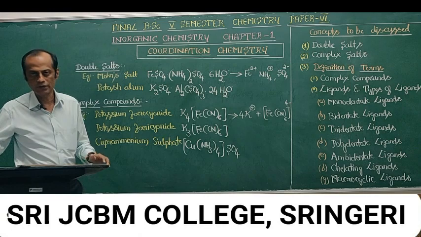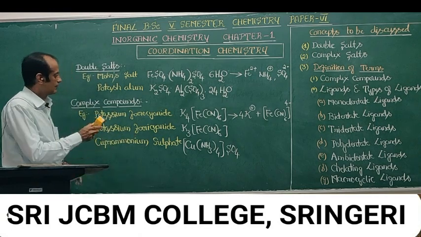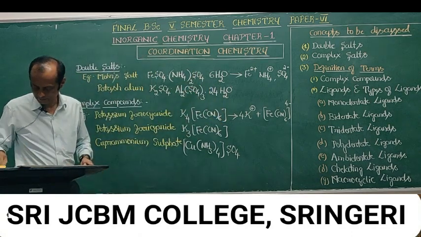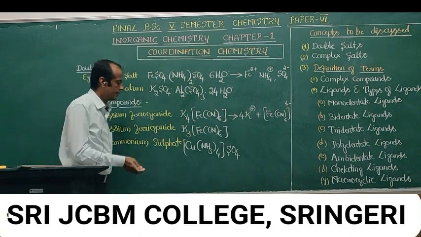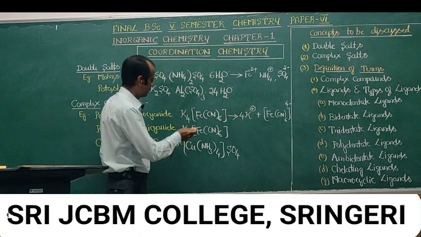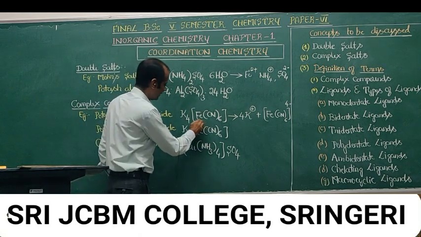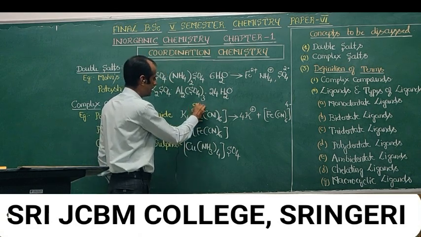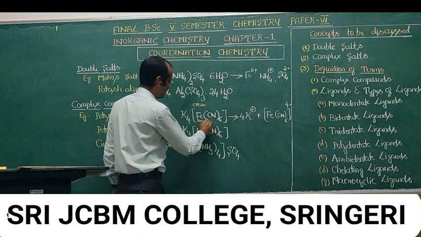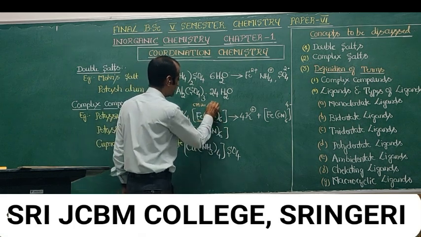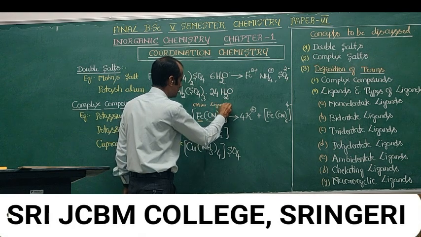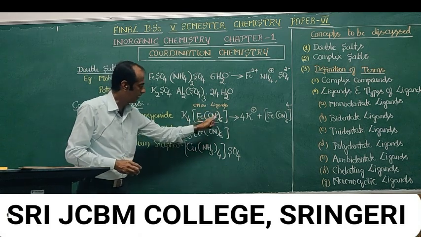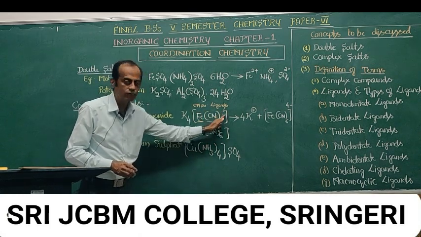Next we have to concentrate on complex salts, or they are also known as coordination compounds. Now let us consider the different parts of a complex compound. In potassium ferrocyanide, this portion is called the central metal ion, and then there are 6 cyanide ions, they are called ligands. The central metal ion and ligands are shown inside a square bracket.